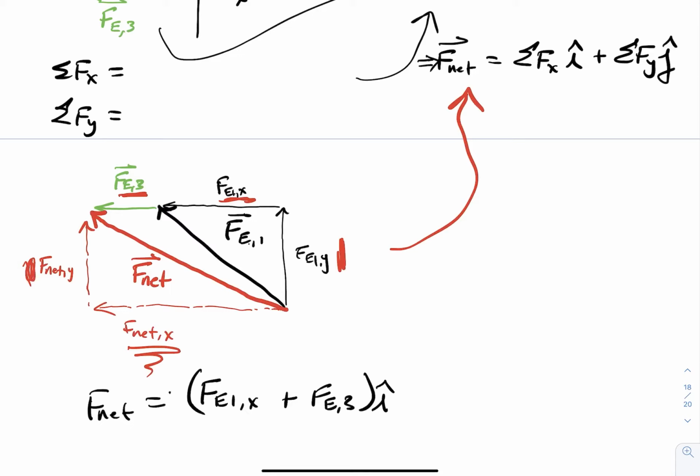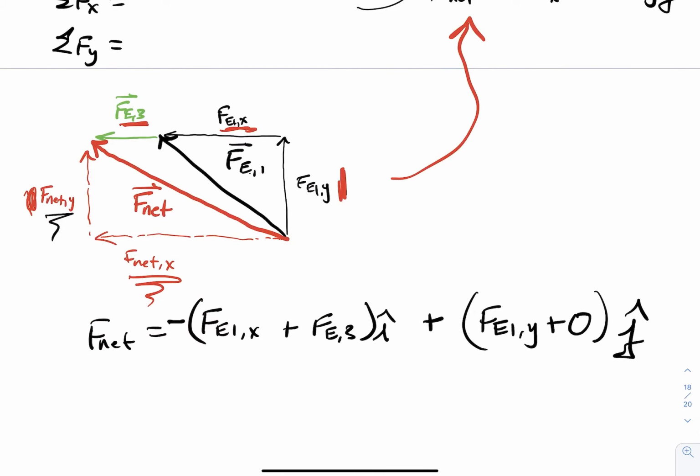So I'm going to put that in now. And then we have our y direction, so we'll add the F net y, which is just FE1 in the y direction. I'm going to be redundant here and say plus 0 in the y direction, and that 0 corresponds to FE3 being horizontal, so there's no vertical component.